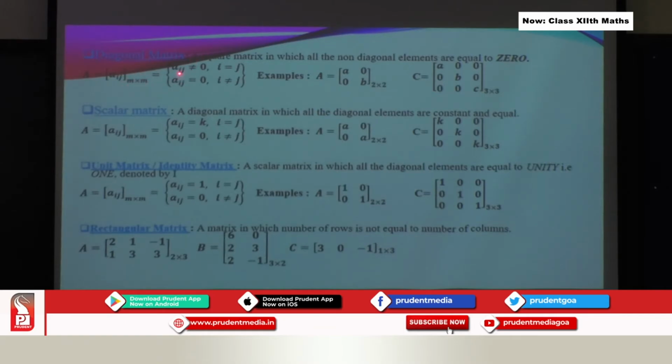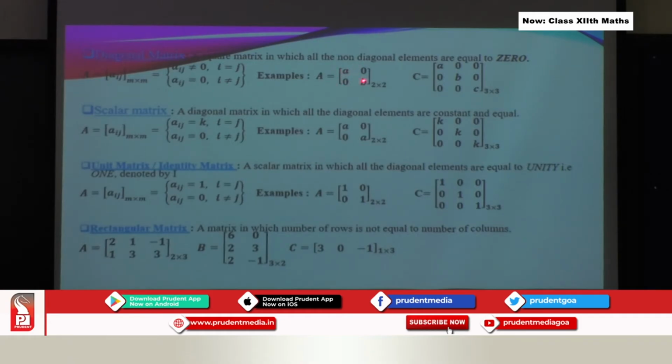Now look at this here, what is given? Aij is not equal to 0 when i is equal to j. I explained your diagonal elements where i is equal to j, you get along the diagonal of the matrix. So you say here Aij is not equal to 0 when i is equal to j, and Aij is equal to 0 when i is not equal to j. Look at the example.